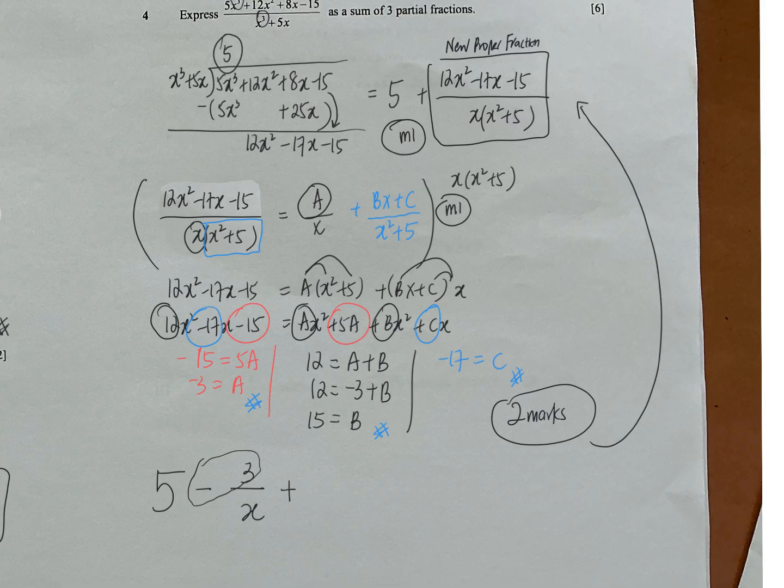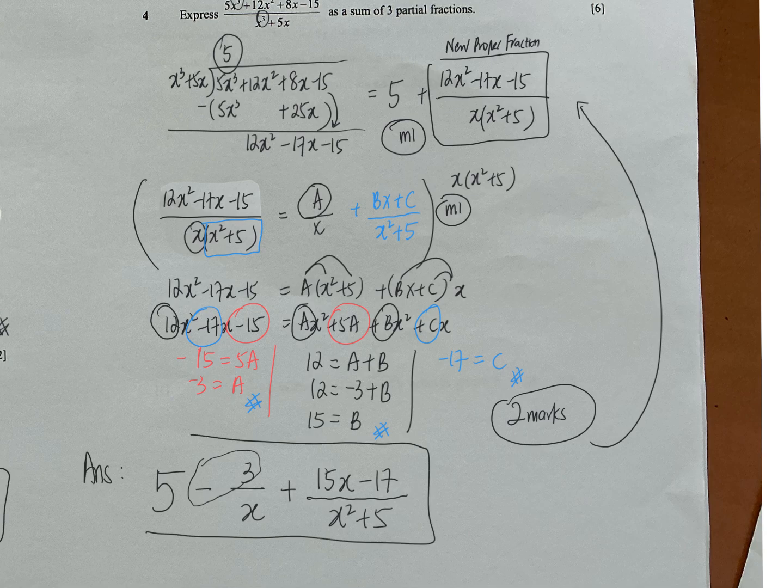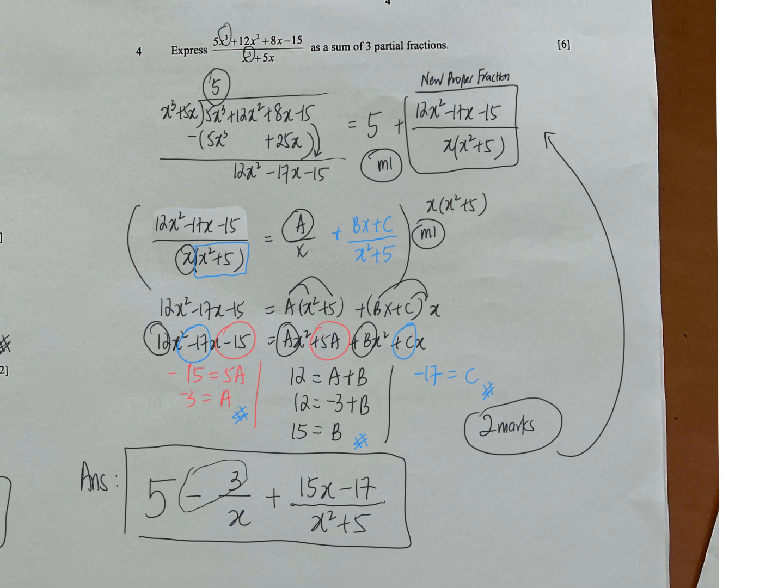And then plus 15x minus 17 over this. So your final answer is these 3 things. That's why they say a sum of 3 partial fractions. 1, 2, 3. Okay? So when they write this, don't be scared. Naturally, your answer will end up as what they want. They just specify only.